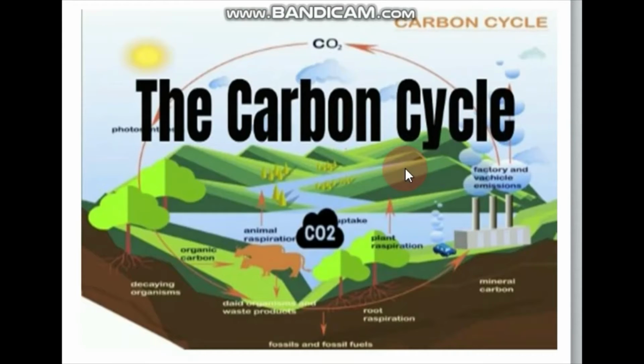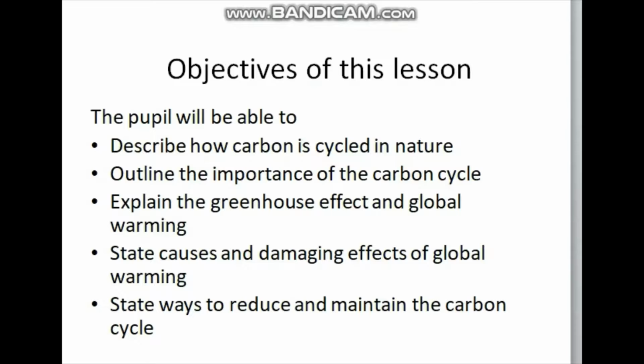Today we are going to look at the carbon cycle. At the end of the lesson, we expect that you will be able to describe how carbon is cycled in nature. You should be able to outline the importance of the carbon cycle.